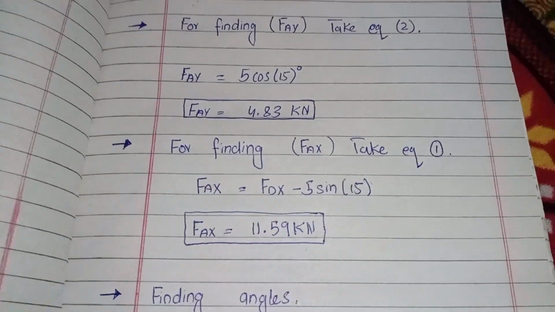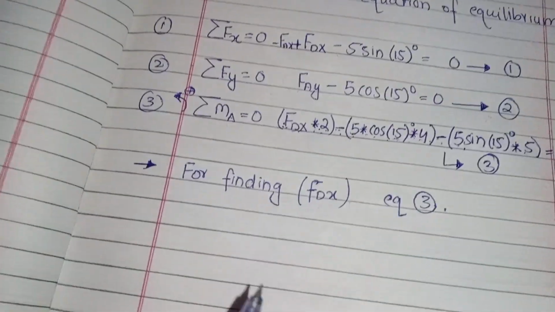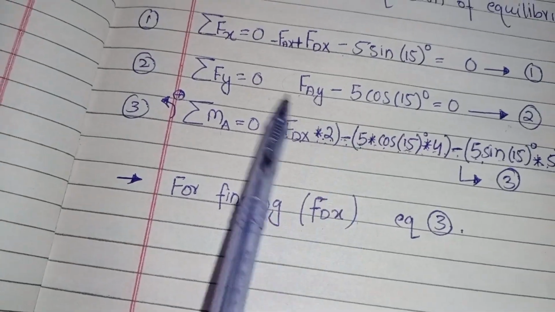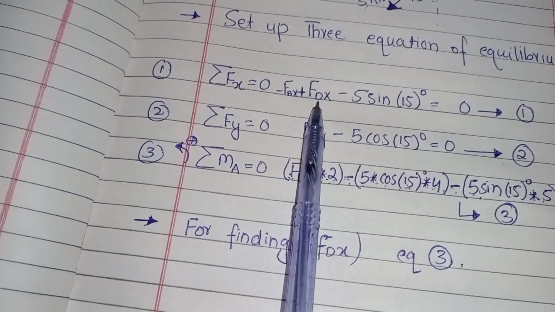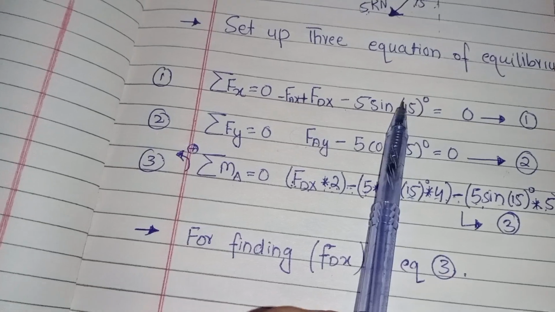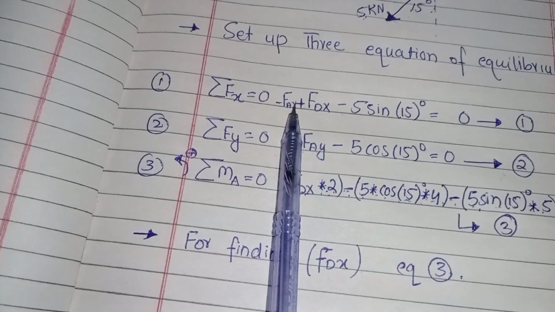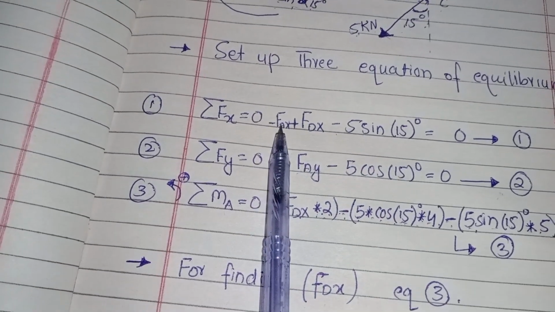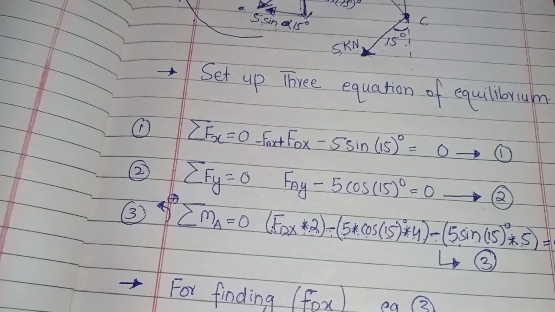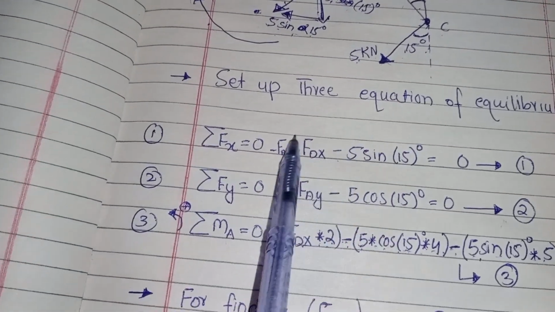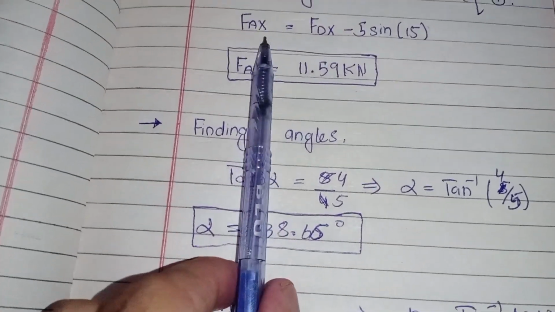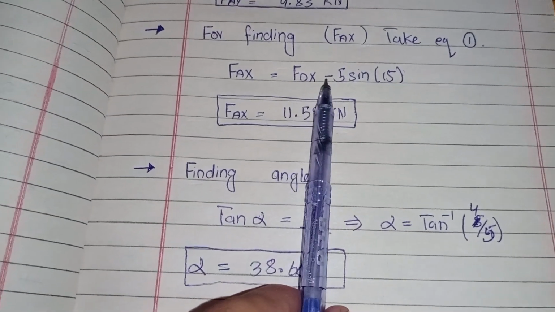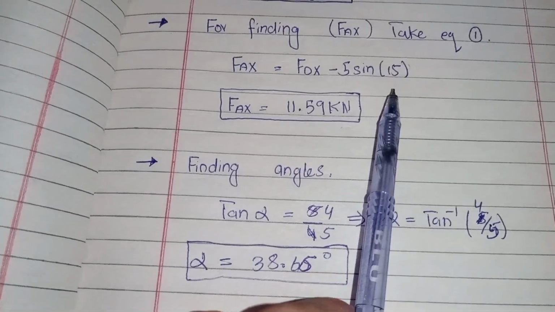For finding f(ax), f(dx) is already found out, and this is also a known value. I will leave f(ax) on the left side and move all these known values to the right side. So f(ax) equal to f(dx) minus 5 sine 15.